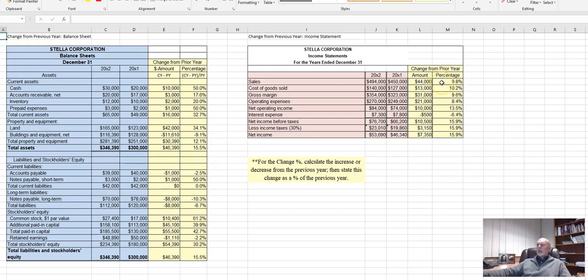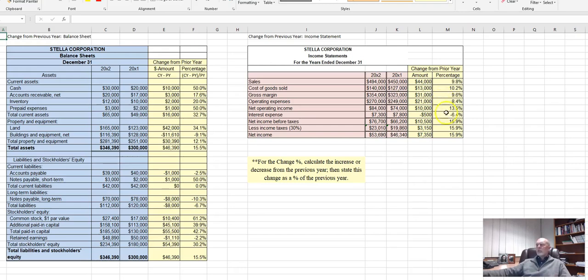As you compare these over time, we can see that in the last year, sales grew by 9.8%. Cost of goods sold grew a little bit faster than that. So costs were going up a little faster than sales, and that's why the gross margin or gross profit didn't grow quite as fast as the sales.